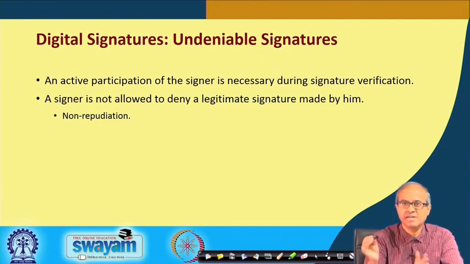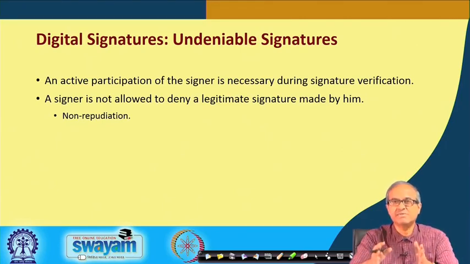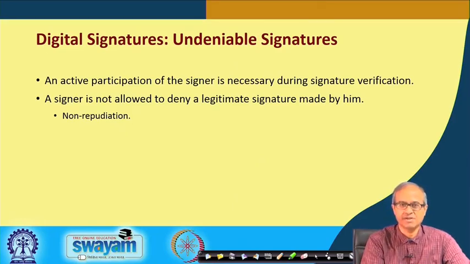So, there is another class of algorithms where the person who is signing also participates with the recipient during the verification process. But again you can understand this scheme has limited applicability, because I am signing and sending, I am not worried about anything after that. If someone calls me and asks me every time whether this is my signature or not, it will be quite annoying for me, right.